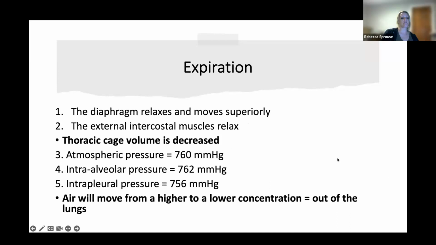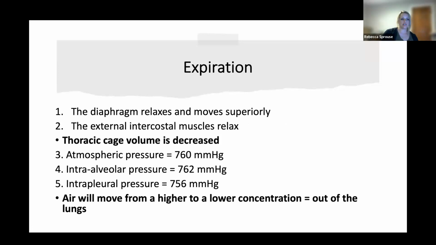Now, expiration. Now the diaphragm is going to relax, and when it relaxes, it's going to come back up to its normal resting position. Your intercostal muscles in your ribs are going to relax, and so your rib cage is going to come back down, or recoil there.